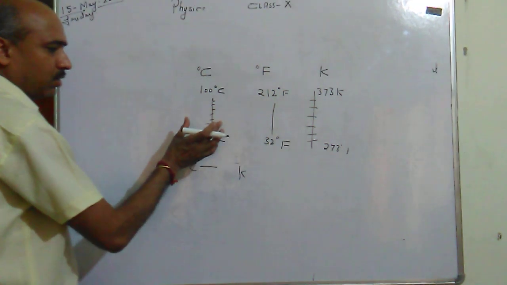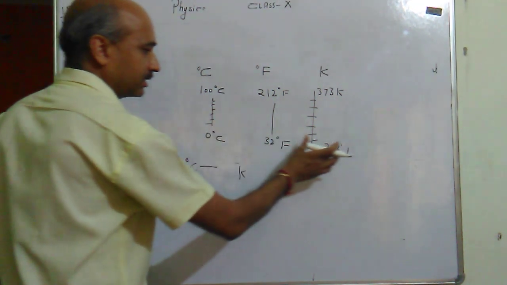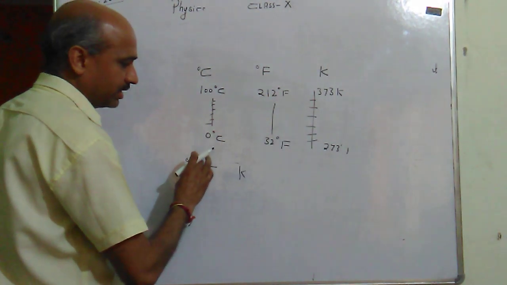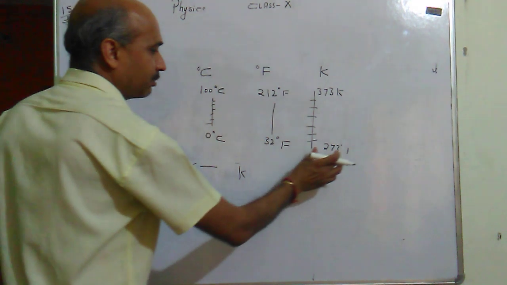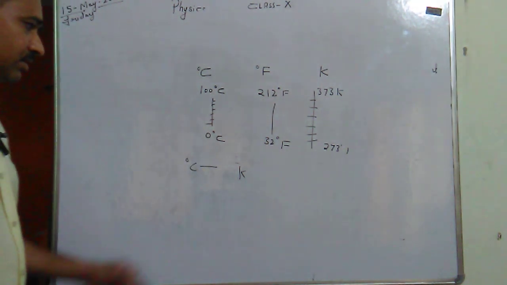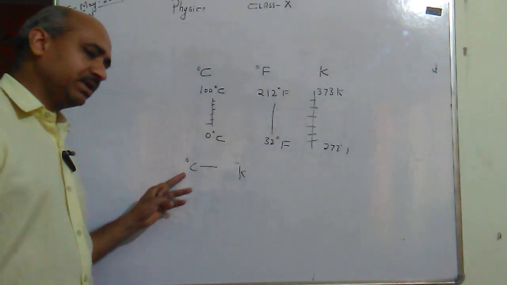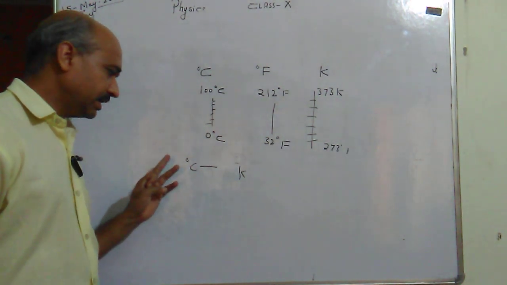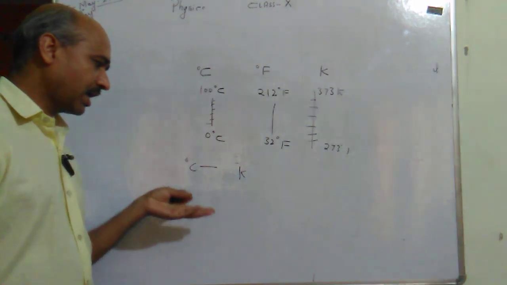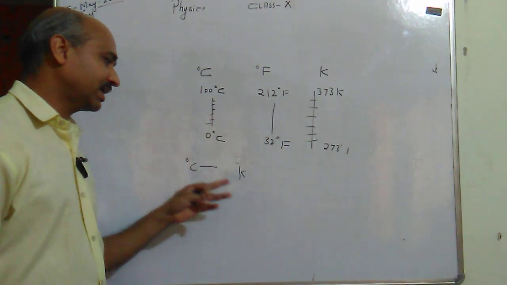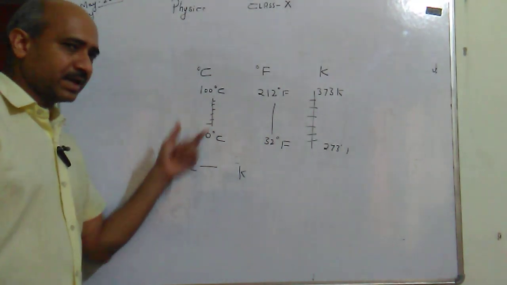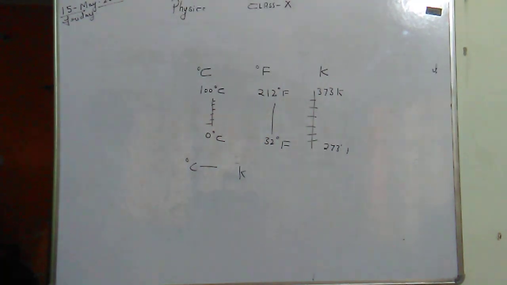Means lower fixed point कितना है 0 है, यहाँ पर कितना है 273 है. So on adding 273 we get the proper answer in Kelvin. If suppose उसका उल्टा करना है, Kelvin को Celsius में करना है, then in that case we have to subtract 273. So in this way we can convert between different scales.